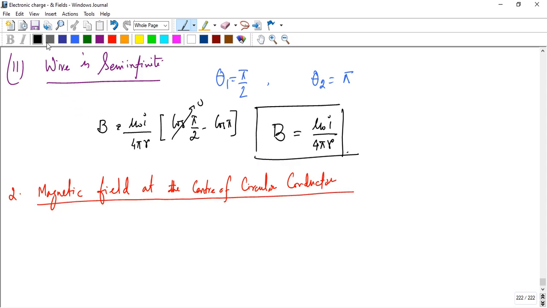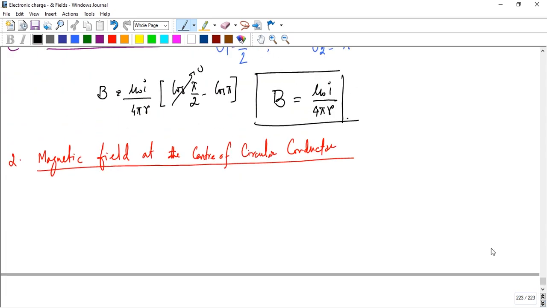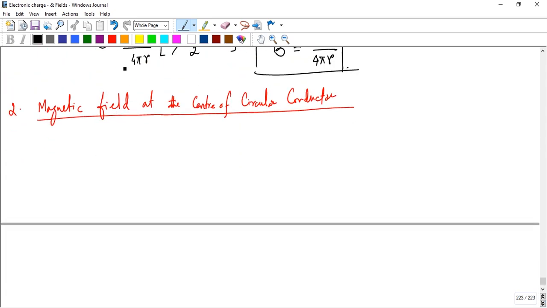Now choose a circular conductor. Suppose a circular conductor looks like this. It is not exactly a circle, but you assume that this is a circle, a very good, very beautiful circle.